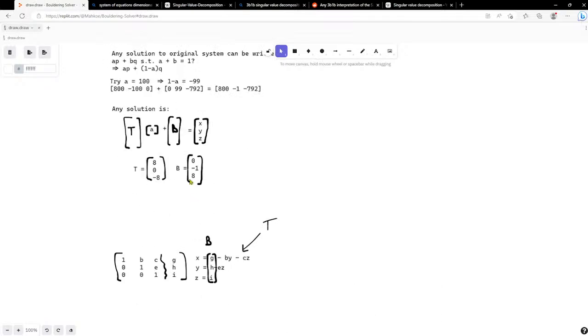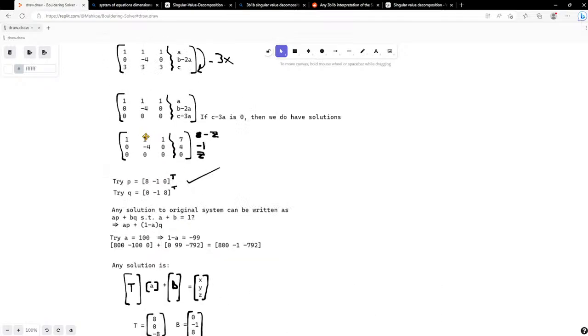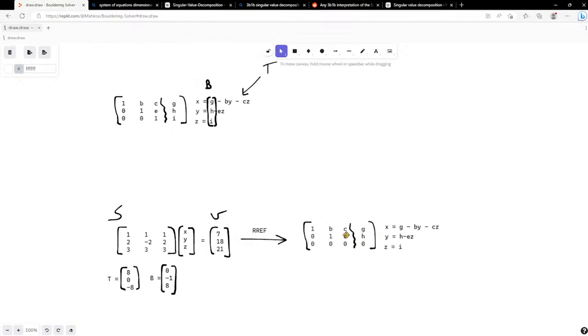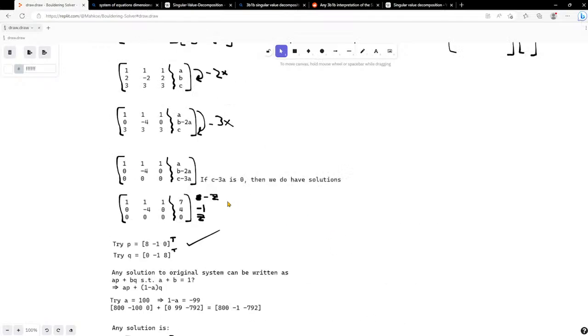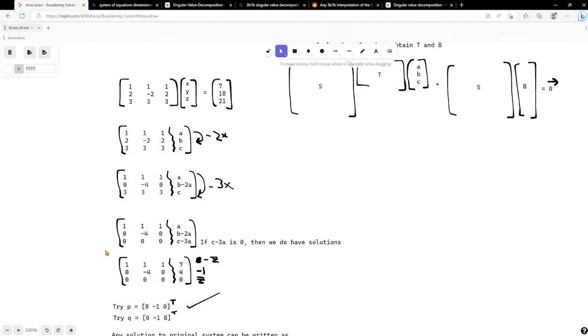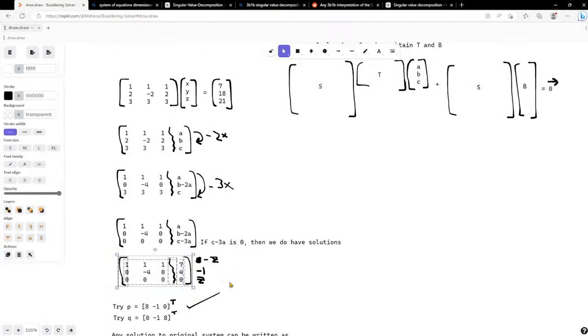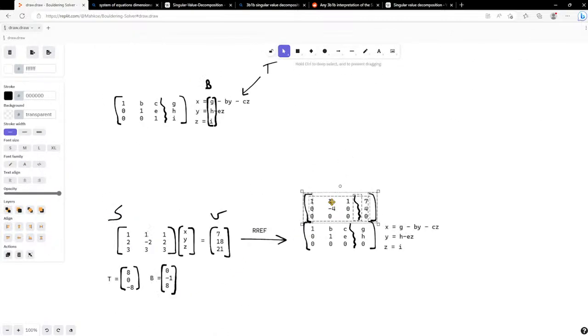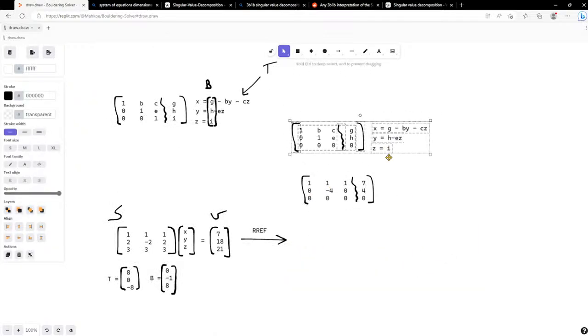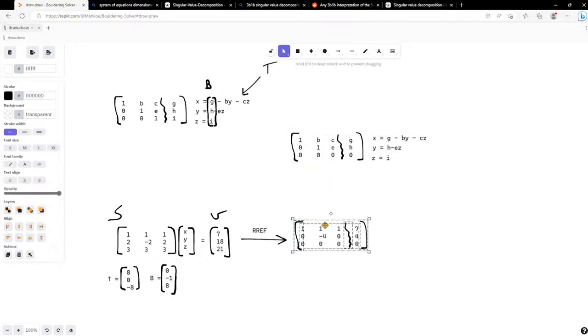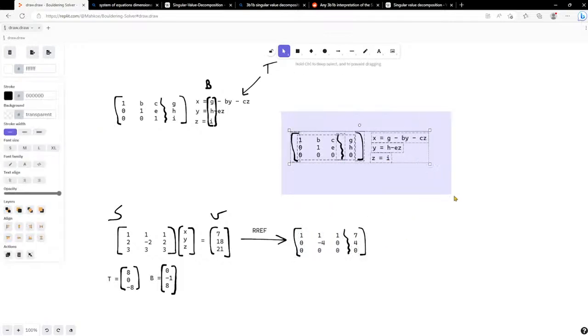So here, B is 1, C is 1, E is 0. Actually, let me copy paste this, and just leave this up here as like a note. So we did reduced row echelon form on that.